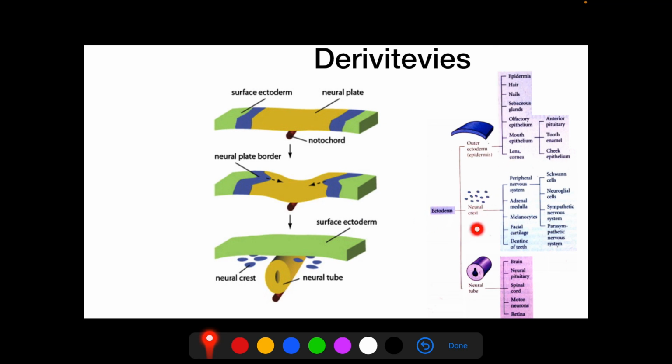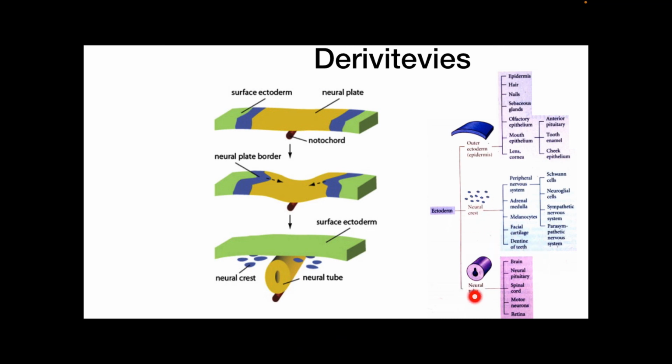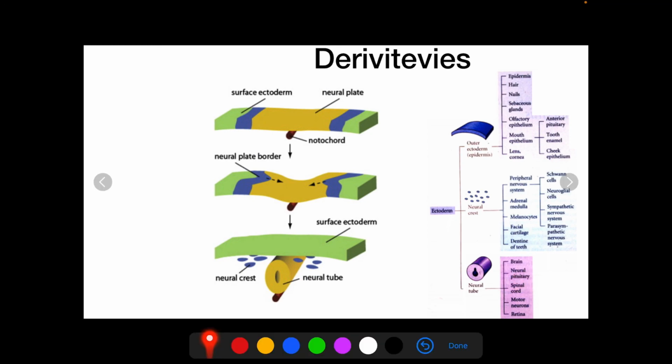Neural crest forms all of the peripheral nervous system, Schwann cells, neural cells, sympathetic, parasympathetic, everything. Adrenal medulla, that secretes hormones of the sympathetic nervous system, melanocytes, facial cartilage, and dentin. We have the crest that is used for the teeth. You can remember teeth with this. We say that the neural tube forms all of the central nervous system, brain, spinal cord, motor neurons, retina, and posterior pituitary.